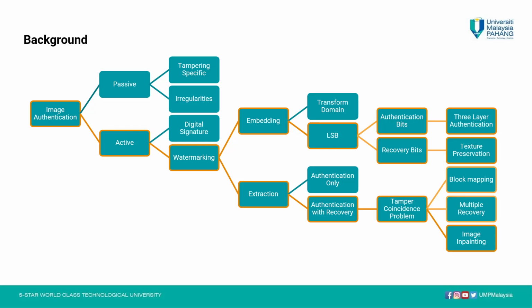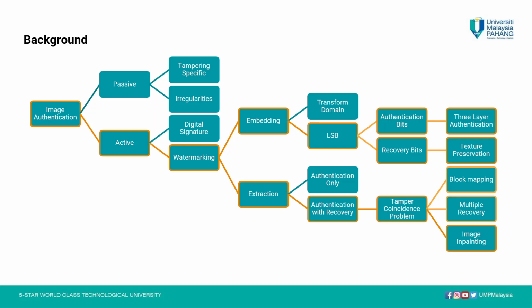To localize precisely in the image, we use active image authentication. There are two ways. The first one is using a digital signature, where the data is embedded outside the image itself; maybe you can embed the data using blockchain technology.